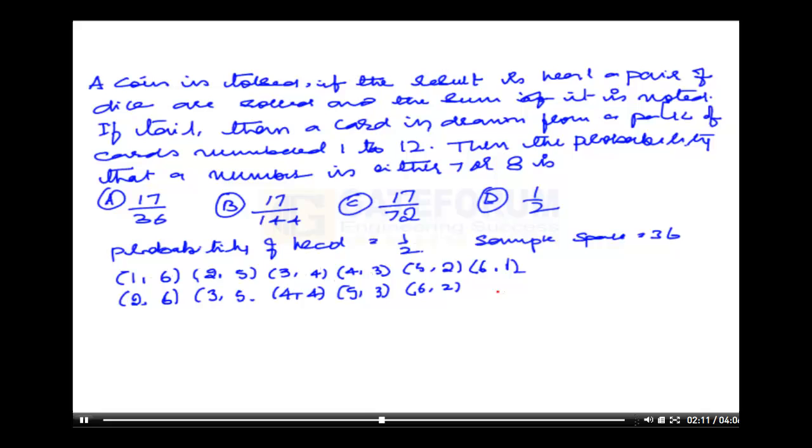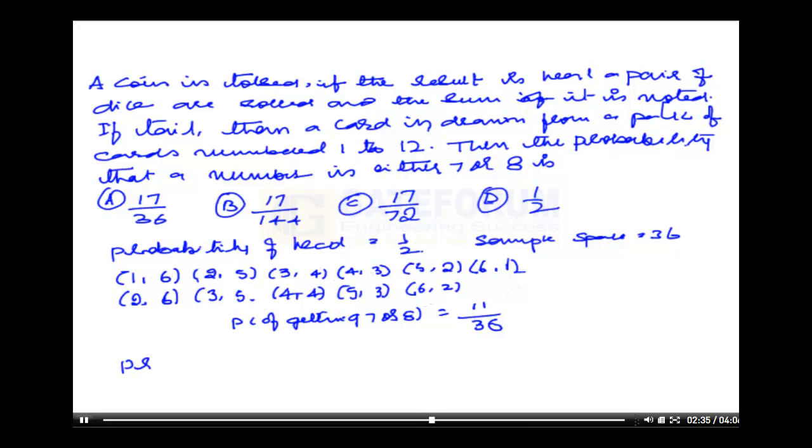So here the probability of getting 7 or 8, that means the sum 7 or 8, is 11 by 36. This is in case we get head.